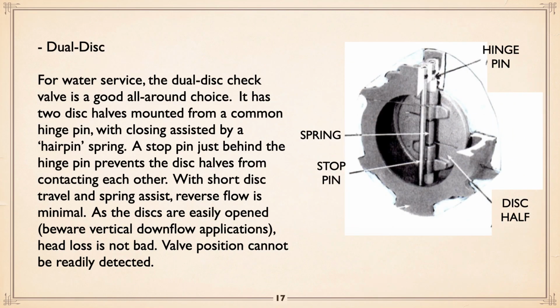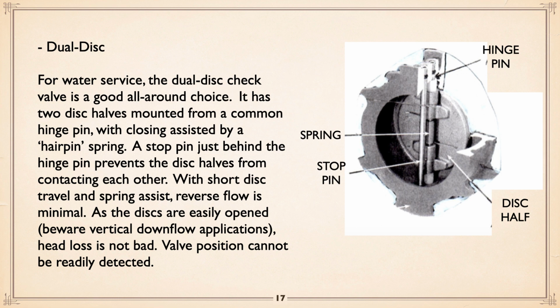An interesting valve is dual disc, where the disc is split into two, so you actually have two halves on a common hinge pin, and there's a hairpin spring. See where it says spring on the drawing, that basically tries to force the two of them closed.